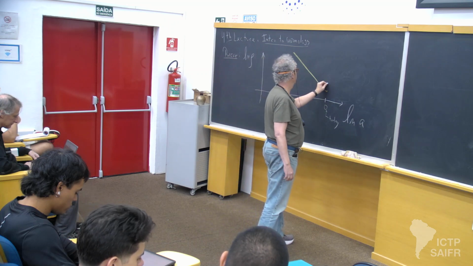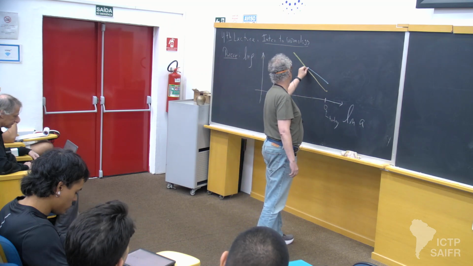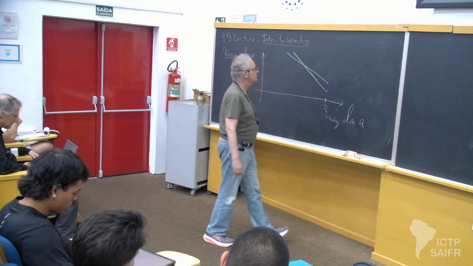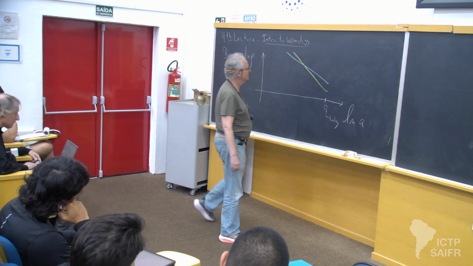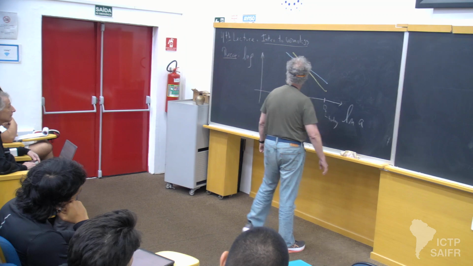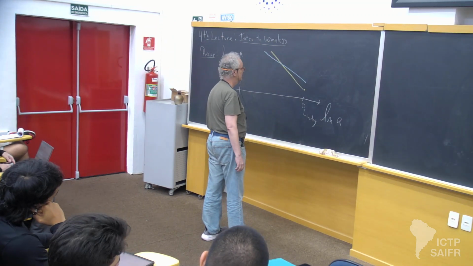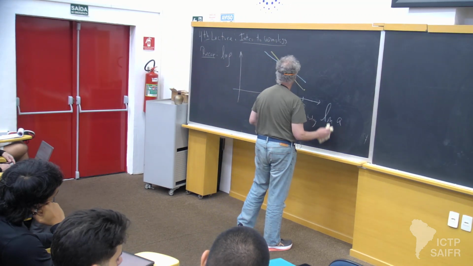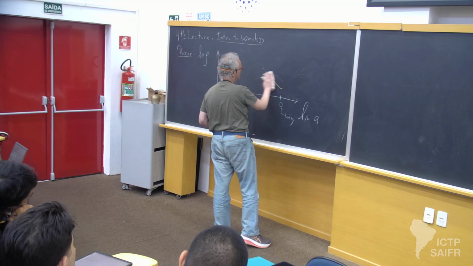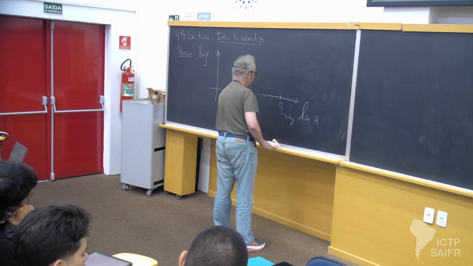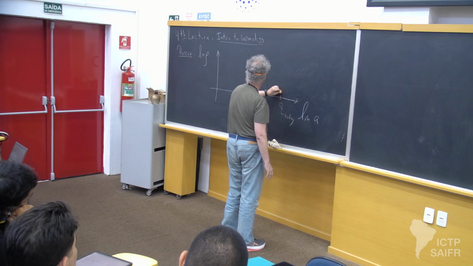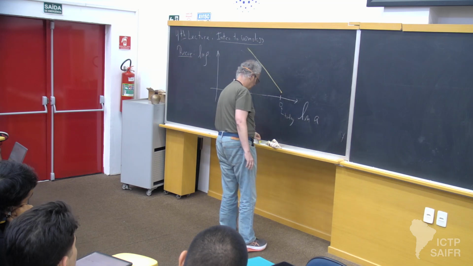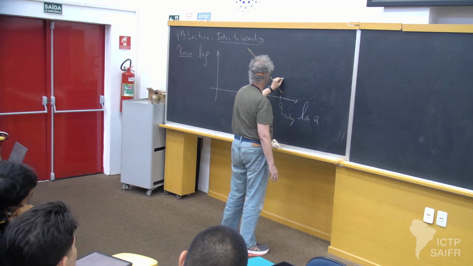So at some point they will cross each other. Sorry, this is wrong, so let me erase this and write it again. So this is radiation. This is matter.